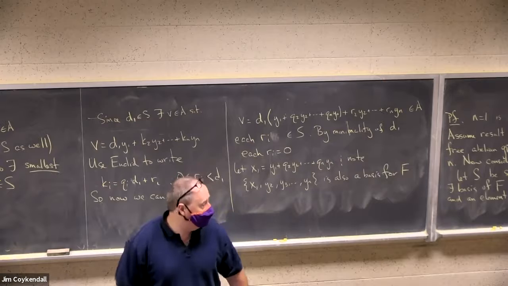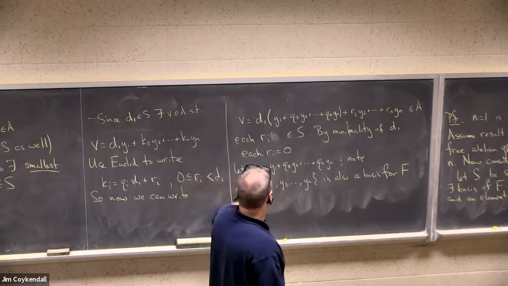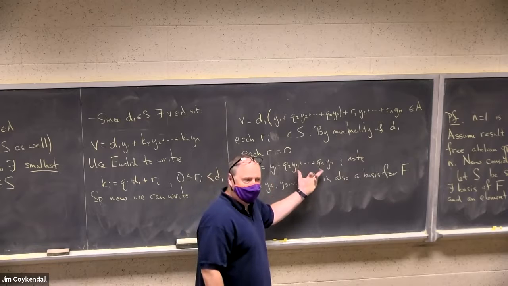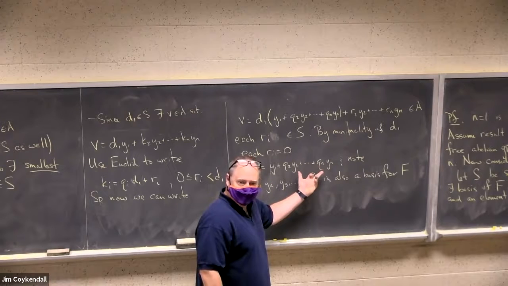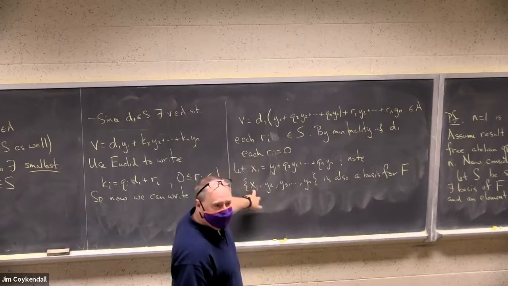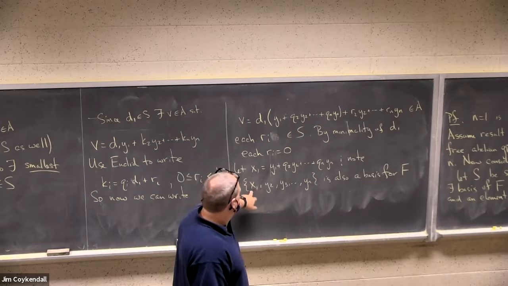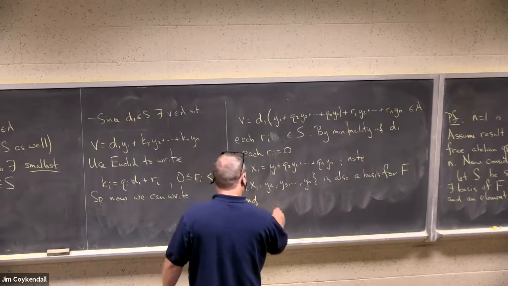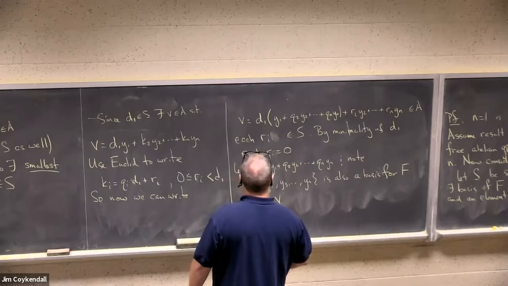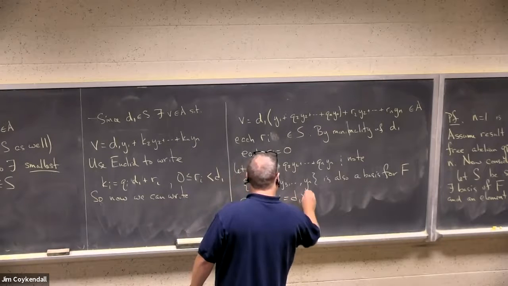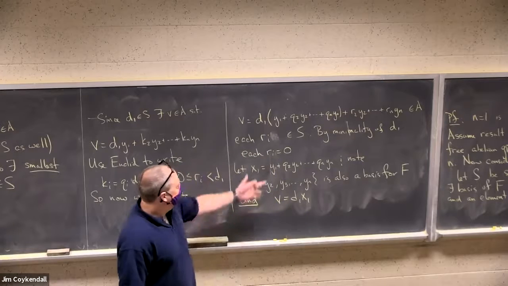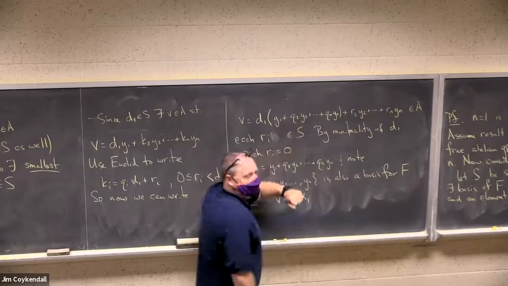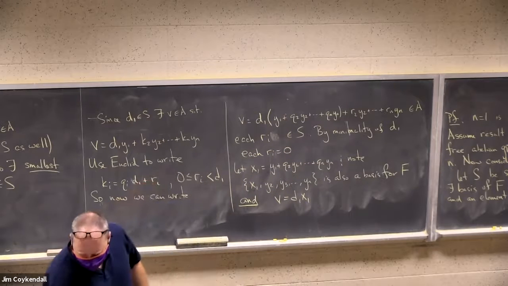And this is by the previous lemma, because I've replaced my basis element Y1 with Y1 plus multiples of the other basis elements. So inductively, this is still a basis, right? And let me note, d is actually d1 X1, right? Because all these ri are 0, they're gone, and this is what I'm calling X1.